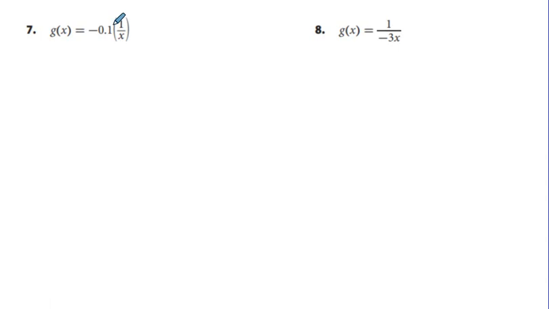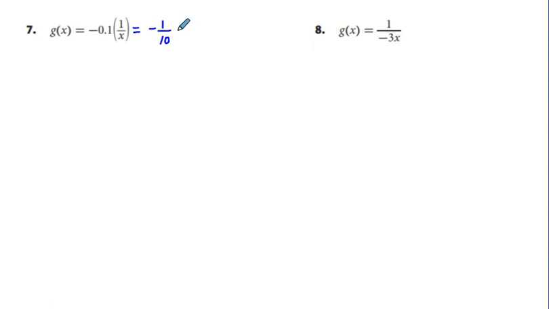Okay, here we go. We have this negative 0.1. I'm going to change this decimal to a fraction, because I think it's easier to explain verbally what's going on here. So this negative 0.1 is the same as negative 1/10.